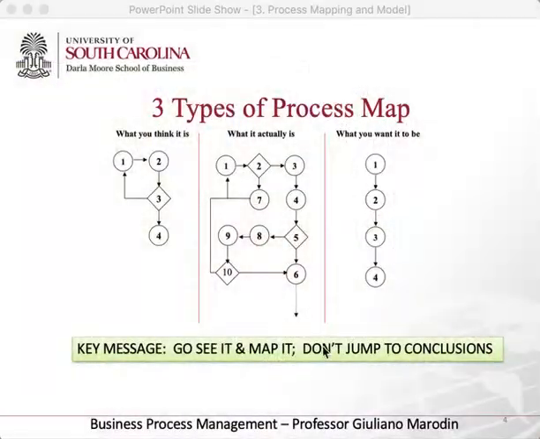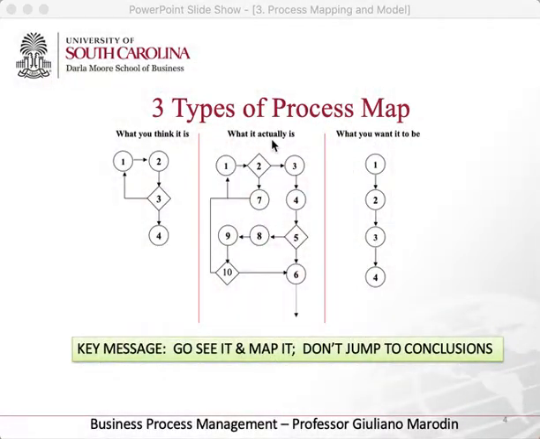Then when you actually start interviewing people, you see that, actually, instead of four steps, it is 10. So two and a half times what we thought it was. It was a lot more complicated, with a lot of back and forth, a lot of ins and outs. And after that, you want to say, okay, this is what I want.